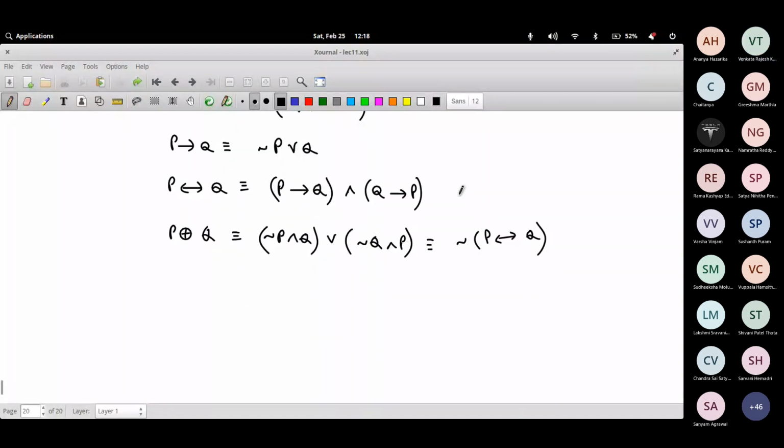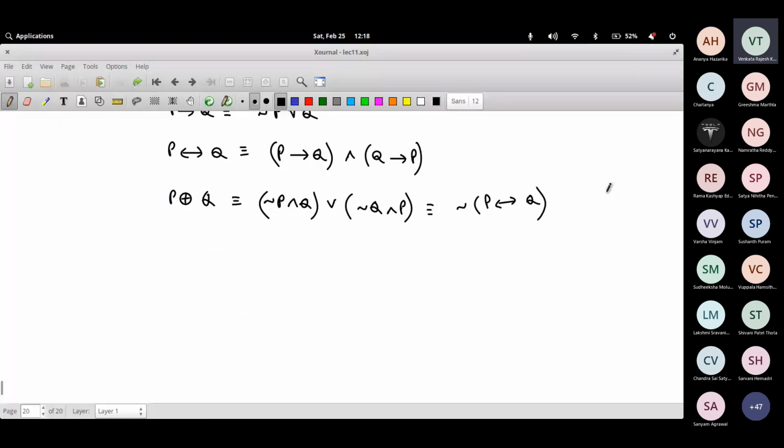All right. And I would like to mention one more thing, that you may see this kind of notation. You already know this, P implies Q. But you may also see this kind of notation where P bar Q. Okay.